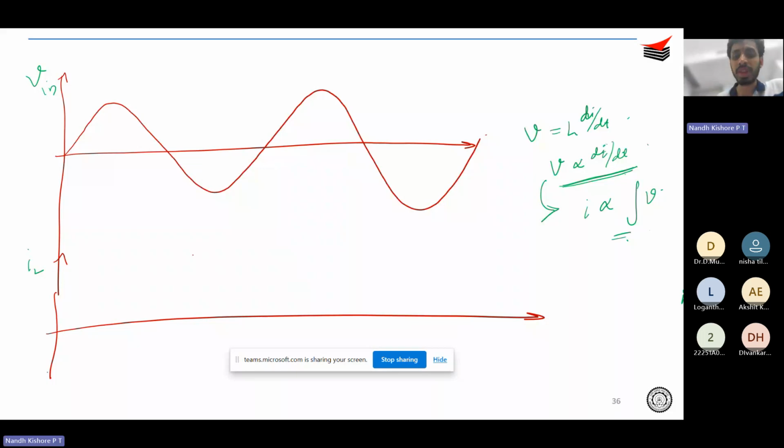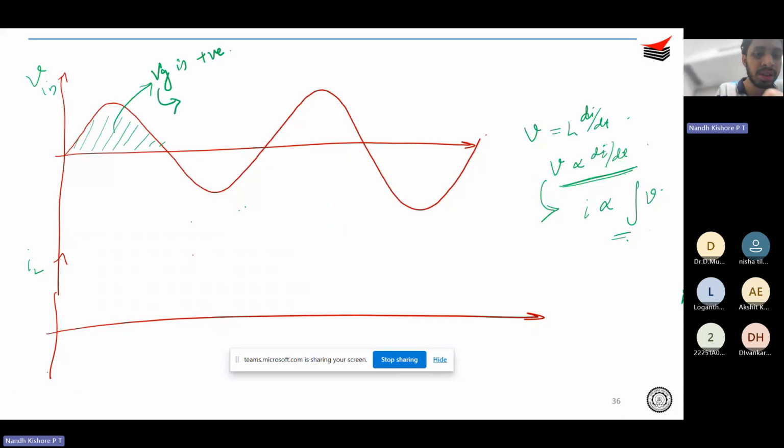Okay, so now we will come back. You have V proportional to di by dt, or I proportional to the integral of the voltage. So during the positive half cycle, you see that your voltage is positive, right? So if your voltage is positive, you are integrating a positive area.